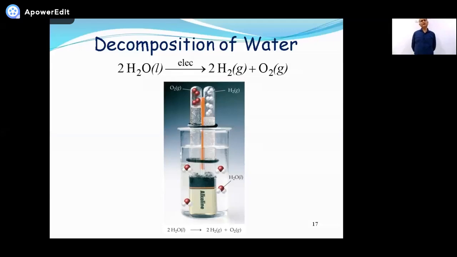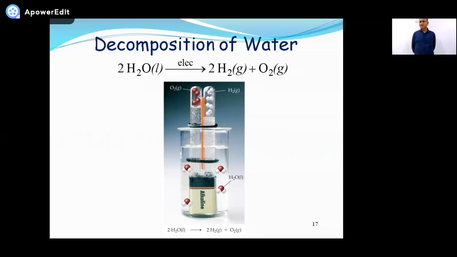Another example, you can see water. Maybe you have heard that someone has invented a car which runs on water.